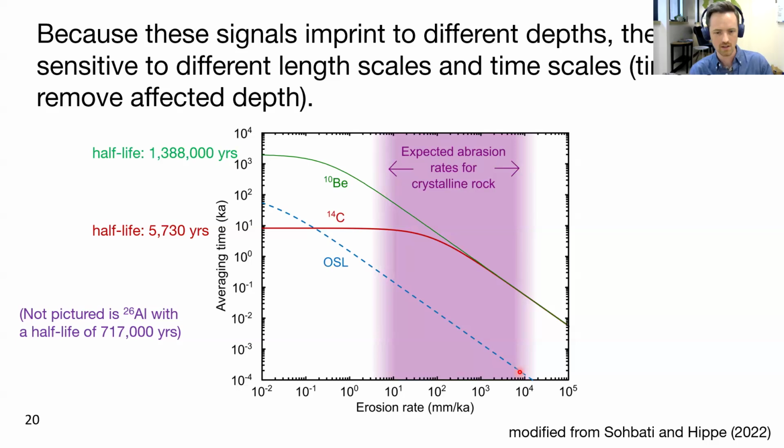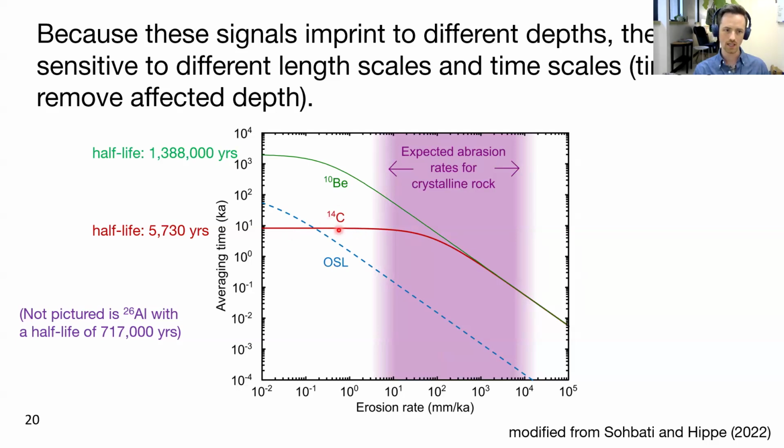So this figure here is modified from that paper I showed you earlier. The averaging time scale, the time that this erosion rate pertains to, is very different for luminescence, or OSL, and for cosmogenics. Another aspect that I haven't yet told you about is that these radionuclides decay at different rates.